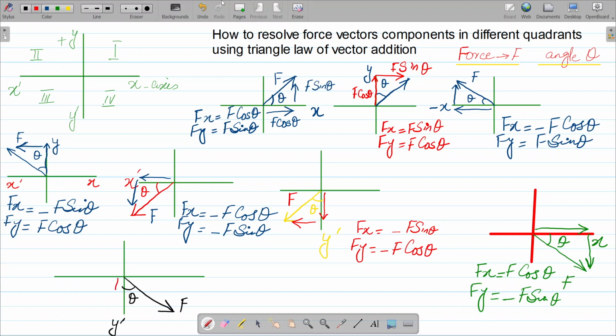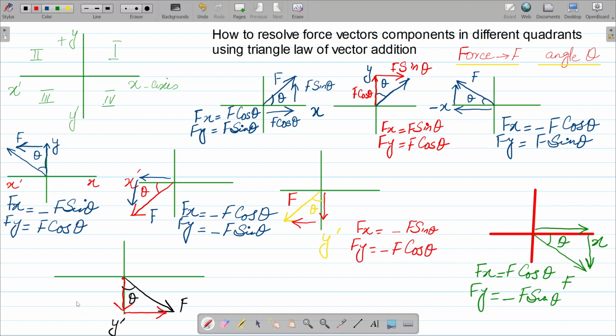We will resolve it, and we can see very easily that there is going to be one component here, and another component here.